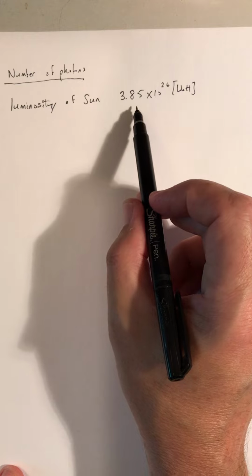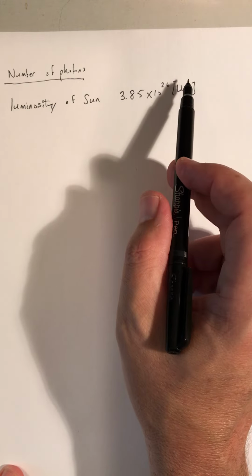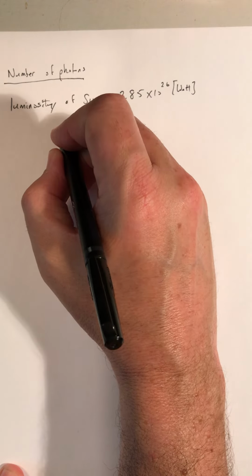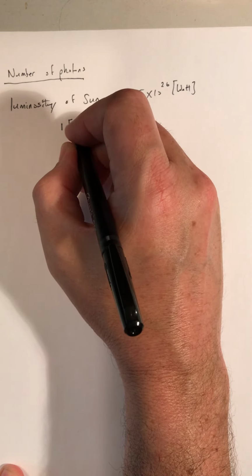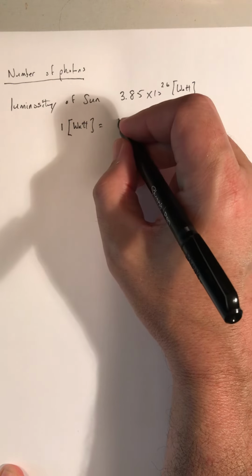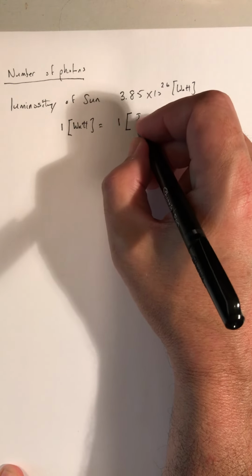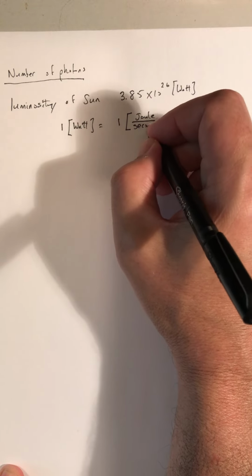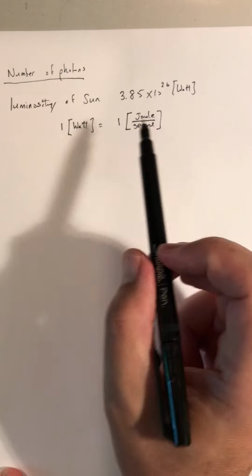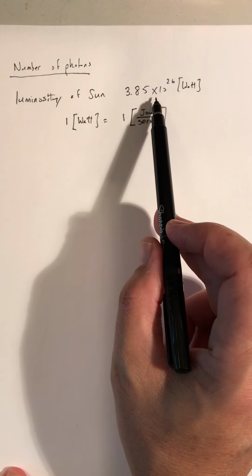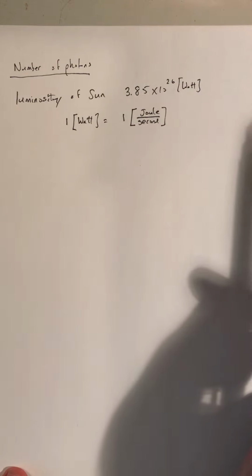So 3.85 times 10 to the 26 joules of energy every second. That is making use of 1 watt being energy flowing at a rate of 1 joule every second. So the sun is like a 3.85 times 10 to the 26th watt light bulb.